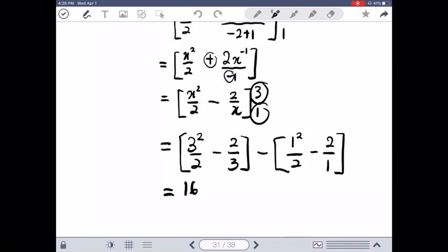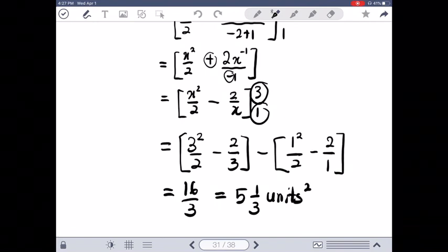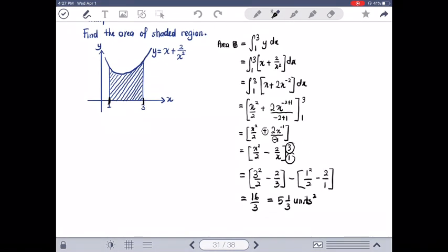So the answer is 16 over 3 units squared. Again, it's a positive value because the region lies above the x-axis.